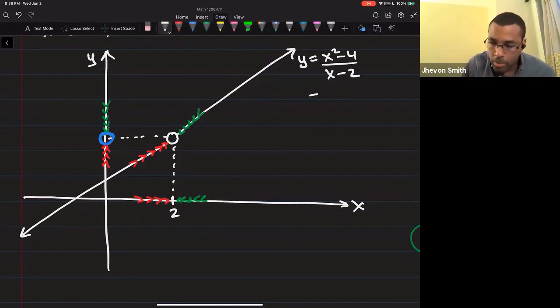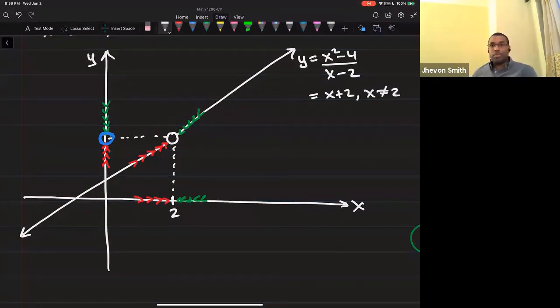So we just said that this is the same as x plus 2, as long as we're not at the value 2. So that function behaves exactly like x plus 2, except for the point where x is 2. What is the value we're approaching here?